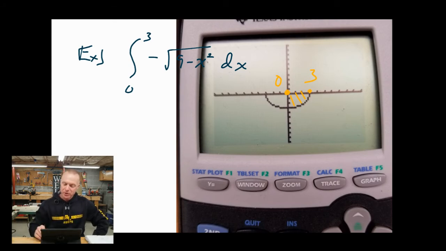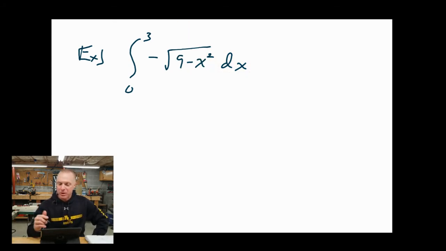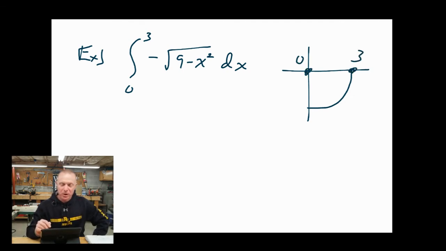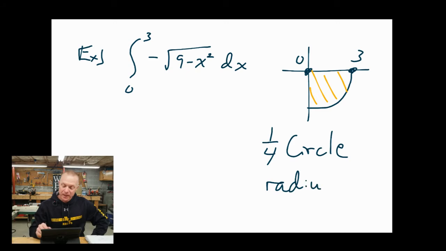And so we're starting to come up with a strategy on how we would ultimately solve this problem. I hope that strategy involves thinking about this region from 0 to 3. By the way, when you do these problems on your own, you will show a sketch. That is part of showing your work. And we identify that we're looking for this area here. I hope that you would say that it's a quarter of a circle that has a radius of 3.